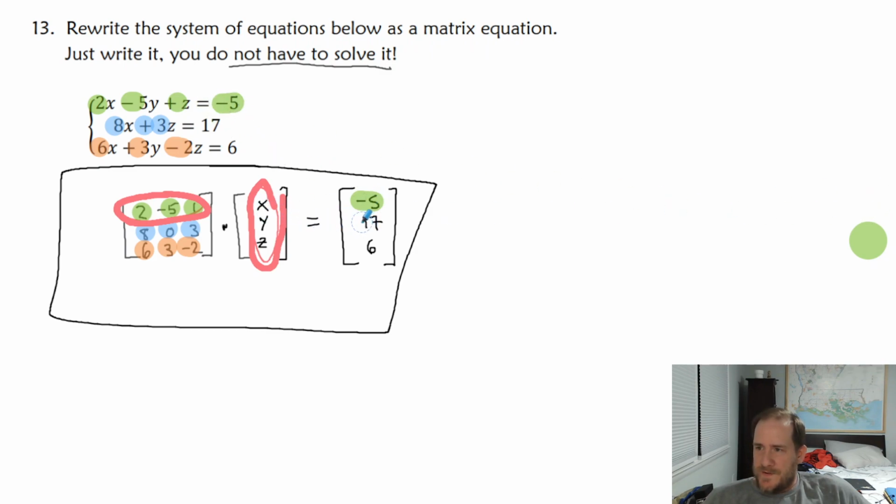And in the middle the entry you'd get is the 17. And on the bottom the entry you would get, of course, is that 6. But that's it. This is literally all you had to do for this problem, was rewrite it. If somebody is feeling intrepid, then they could enter this into their calculator and see if it actually gives something. It'll give something, but I bet it's monstrously ugly, because I'm sure I didn't put any effort into making it not be monstrously ugly.